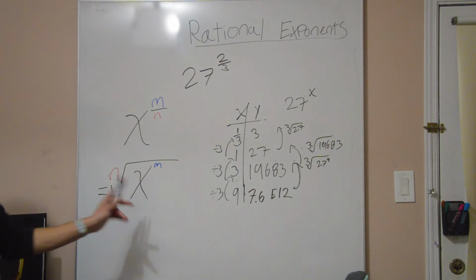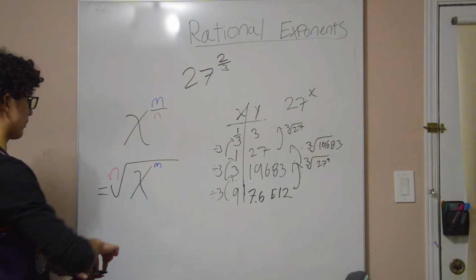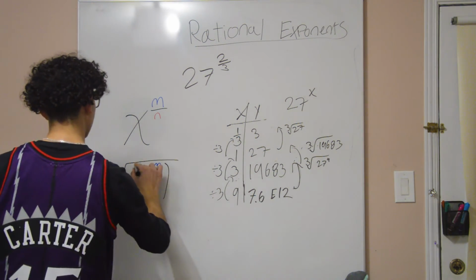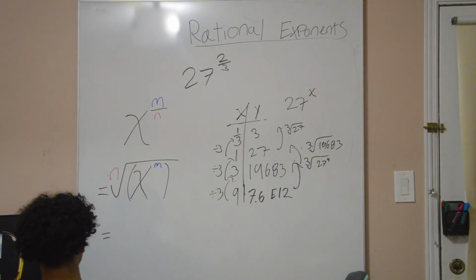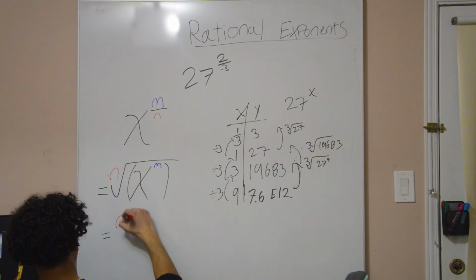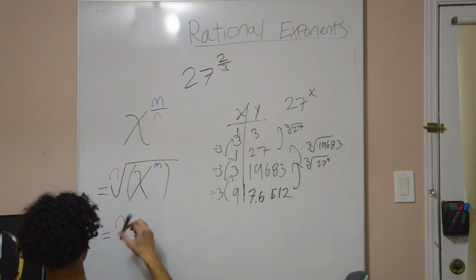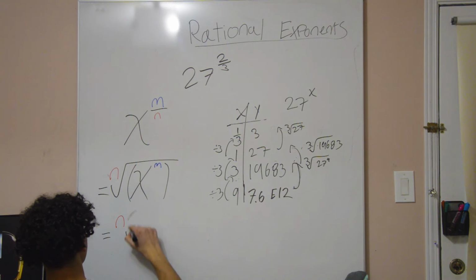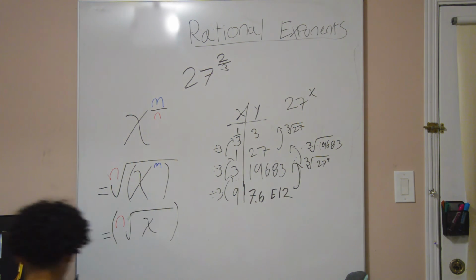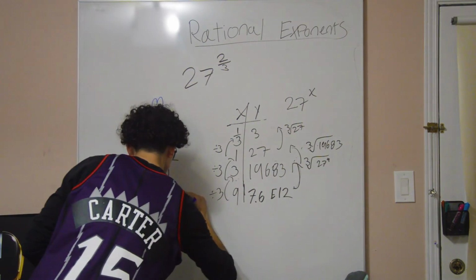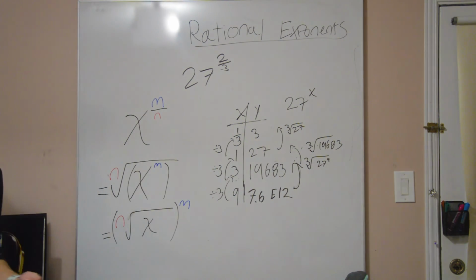Now this can either be written like this with the m on the inside of the whole thing, like that, or it can be written like this. We can take the nth root of x and then put the whole thing up to m, just like that.